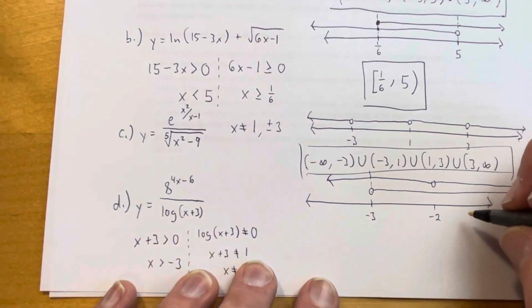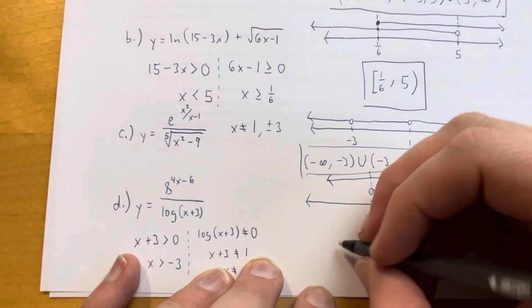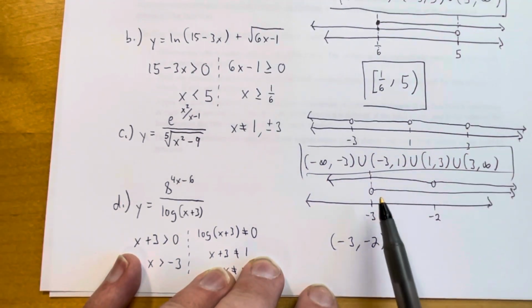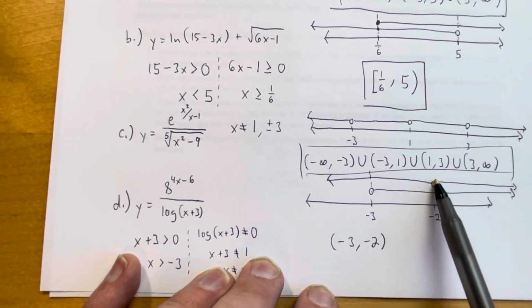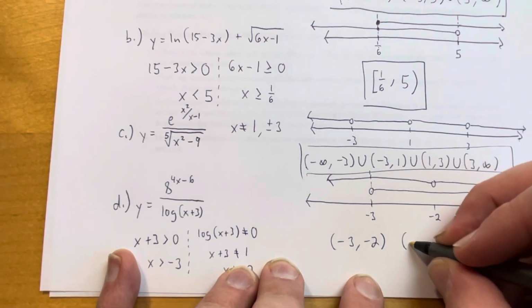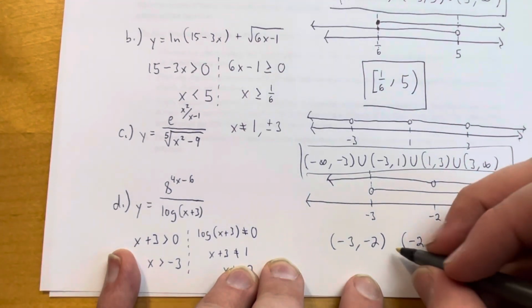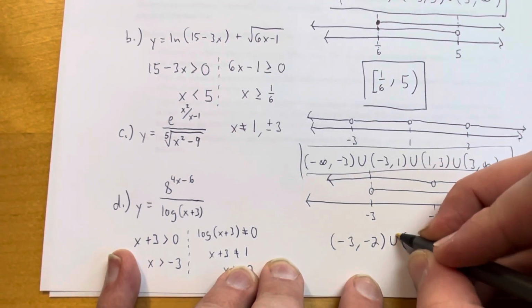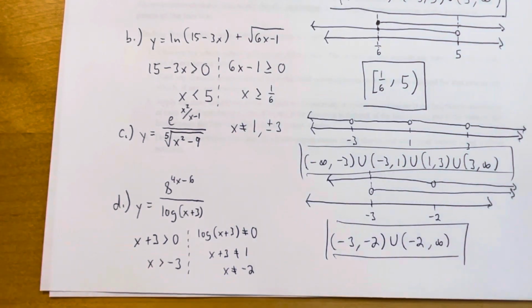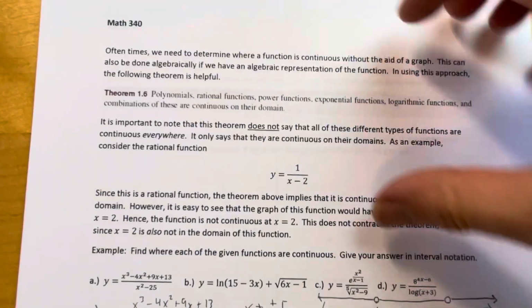So putting all of this information together, our domain should include the interval from -3 to -2, but it should not have either endpoint because -3 has a hole here, -2 has a hole there. Both graphs consist of all real numbers from -2 to infinity, not including the -2. So really what I want is the union of these two intervals right here. That would be my domain. It would also be the set of all values for which this function is continuous. Okay?